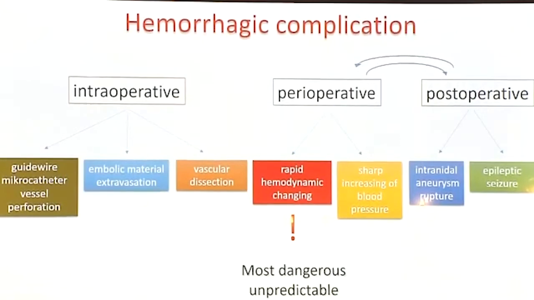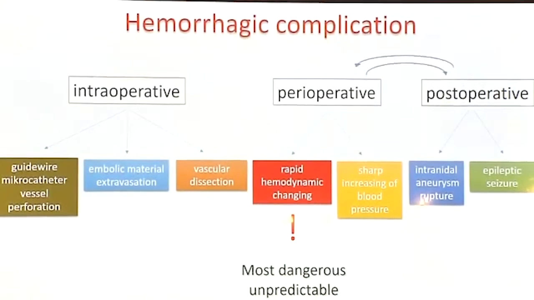Possible hemorrhagic complications are intraoperative, perioperative, and postoperative. Intraoperative are guide wire or microcatheter vessel perforation, embolic material extravasation, vascular dissection, and rapid hemodynamic changing, which is most dangerous and unpredictable, with sharp increase of blood pressure.